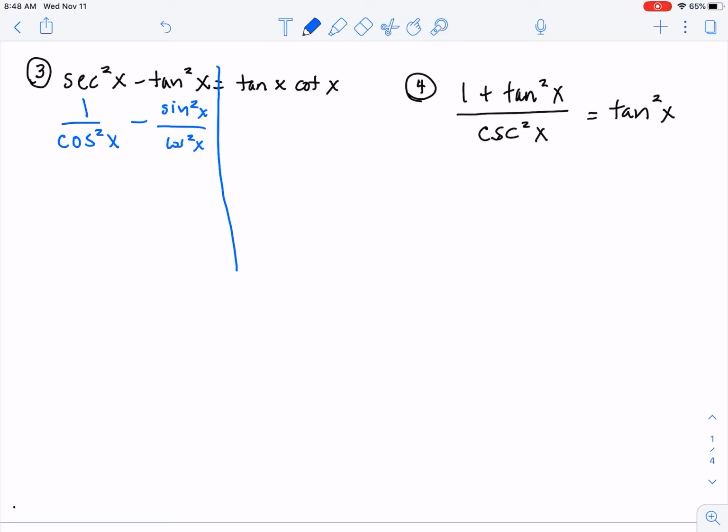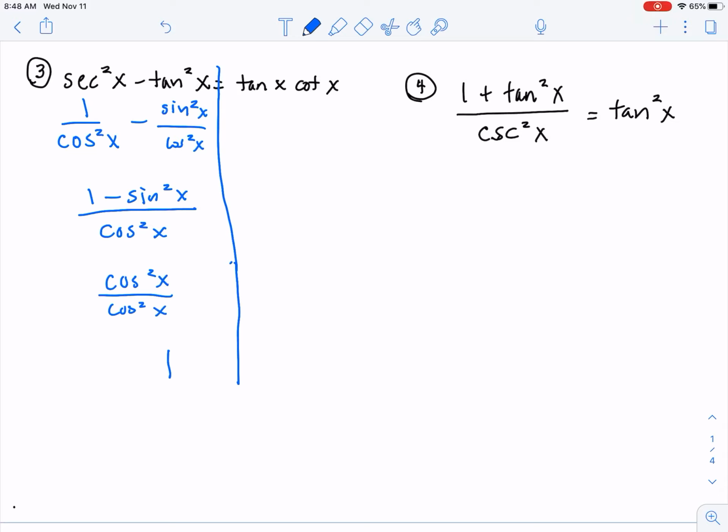Let's see, when we add and subtract fractions, what do we need? Common denominator. Already has it. Awesome. 1 minus sine squared x. Pythagorean identity manipulated. 1 minus sine squared x. Well, that's the same as cosine squared x. So cosine squared x over cosine squared x is 1. There you go.